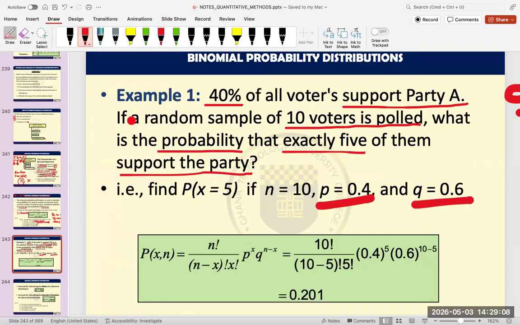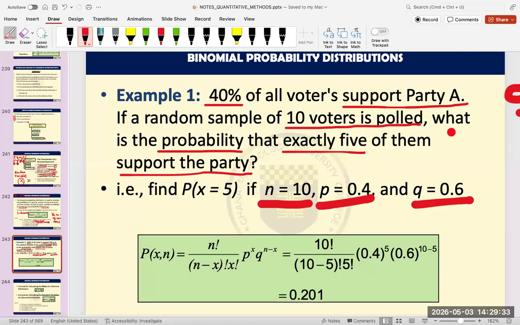It says if a random sample of 10 voters is polled, so the 10 voters are representing the number of people, that is N. So N is also 10. What about the last one, X? How do we get X?